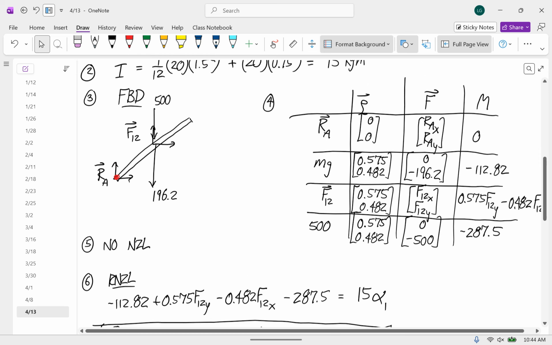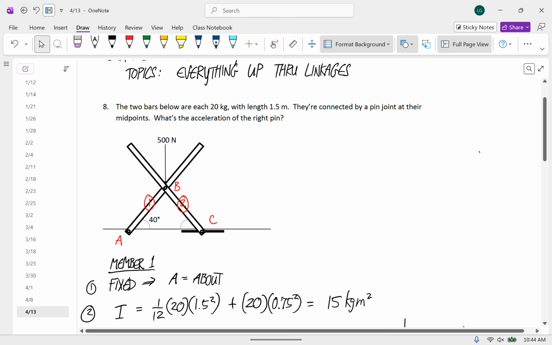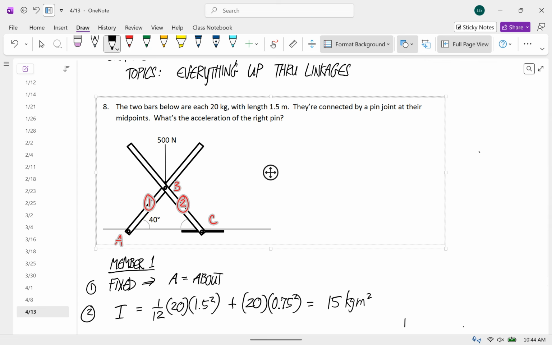So what are the constraint equations that we're going to need? We don't have to worry about this point A. We're assuming that that's a fixed point. That's sort of baked into our whole calculation. So we don't need one there. But we do need to say that members 1 and 2 don't fly apart at that point where they're connected, that middle point. So that's setting 2 acceleration components equal to each other.